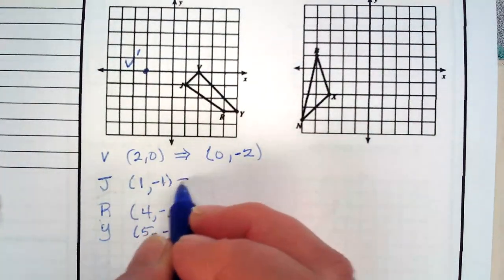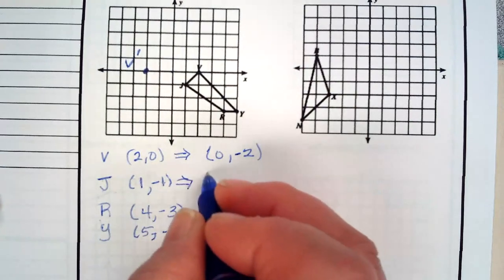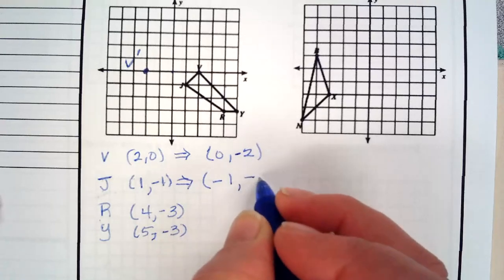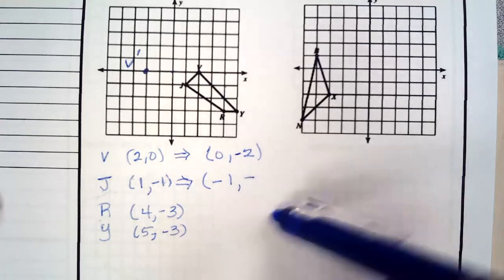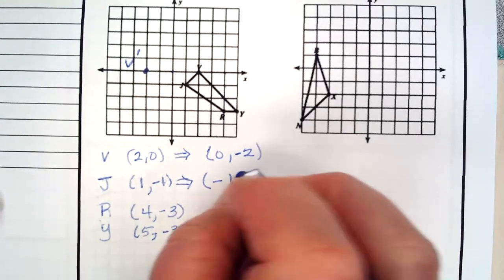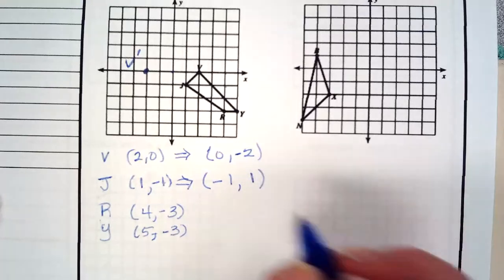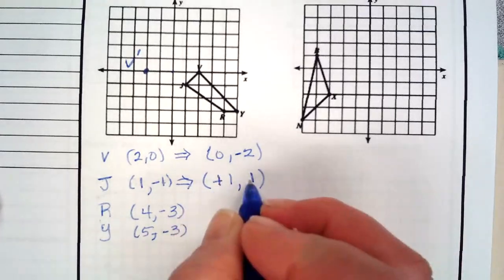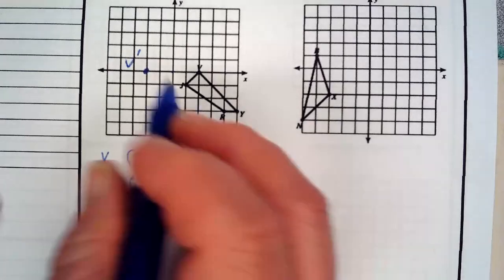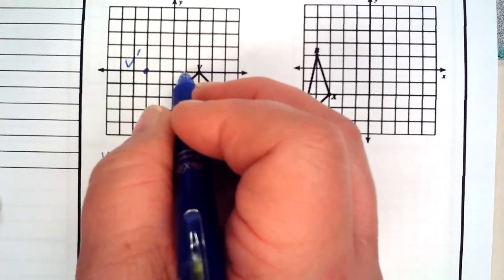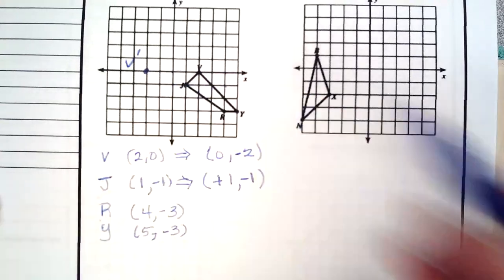Okay, so J prime, you switch them around. You've got -1, -1, 1, switching them around. Then they become their opposites. So this is +1 and -1. So this becomes 1, -1.